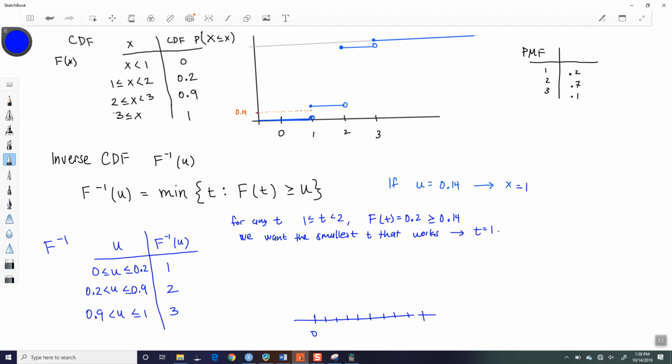So the output is that between 0 and 0.2, it produces 1. Between 0.2 and 0.9, it produces 2. And between 0.9 and 1, it produces 3.